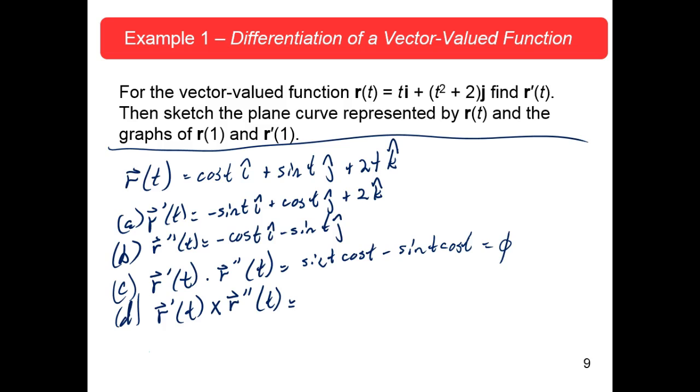Now, do you remember how to do a cross product? Cross product. I cross j is k. Yeah, that's true. Okay, but here you have multiple.